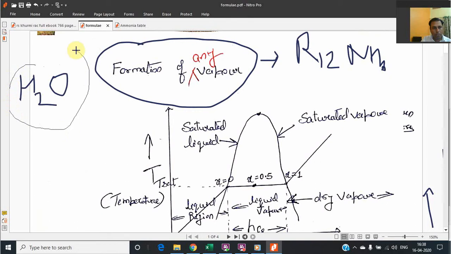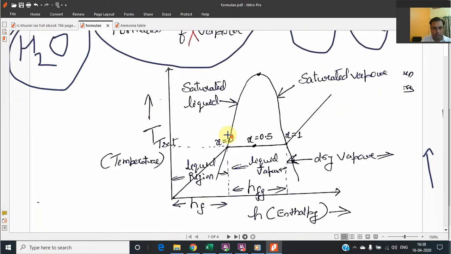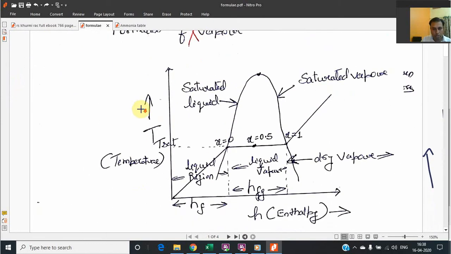The same formula of the steam table will be used for refrigerant tables also. Means refrigerant will also be determined from the same formulas. Firstly we should know how the vapor is formed. For this, a simple figure is drawn. In this figure, here I have shown the temperature and here I have shown the enthalpy or heat, whatever heat is required.